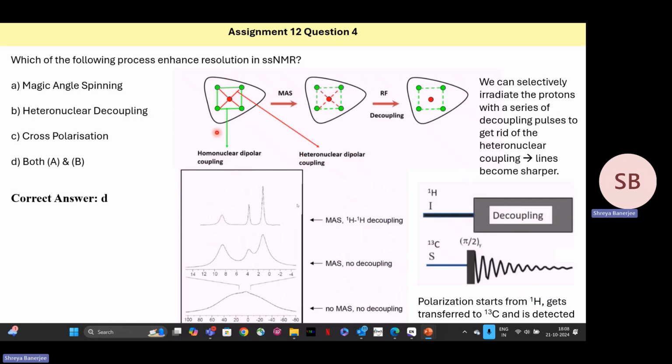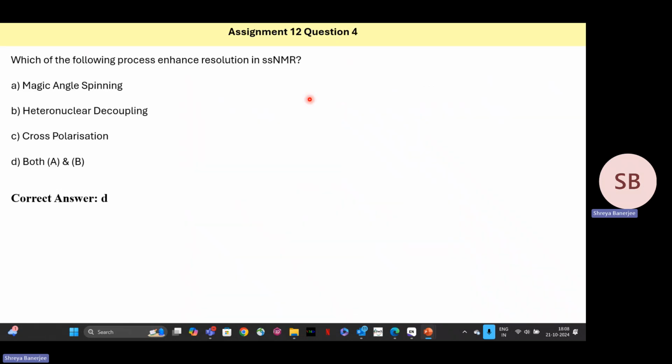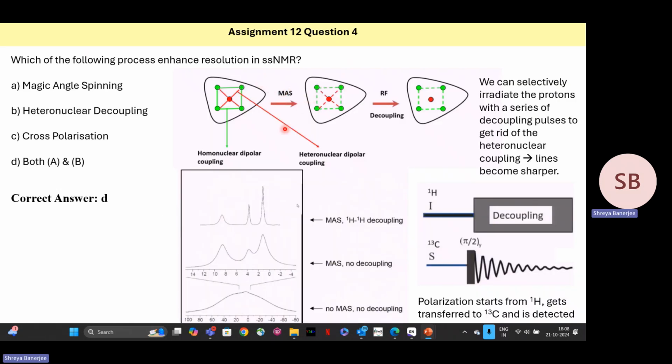Now if you put the sample in this kind of a rotor and spin it, that is called magic angle spinning, or MAS. It will enhance the resolution by weakening these coupling interactions. You can see that both the homonuclear and the heteronuclear dipolar coupling are getting weakened by magic angle spinning.